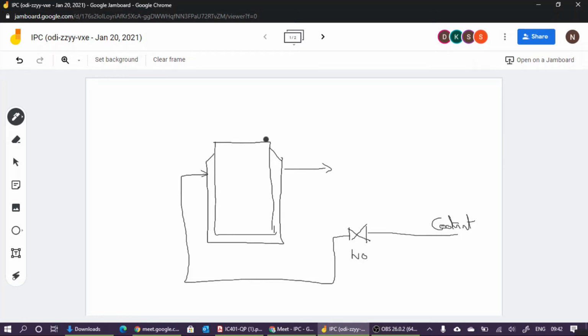Okay, so we are using a basic control strategy. Here the temperature is measured. So this is TT, the temperature transmitter. We have TRC. This signal is either electrical or pneumatic.